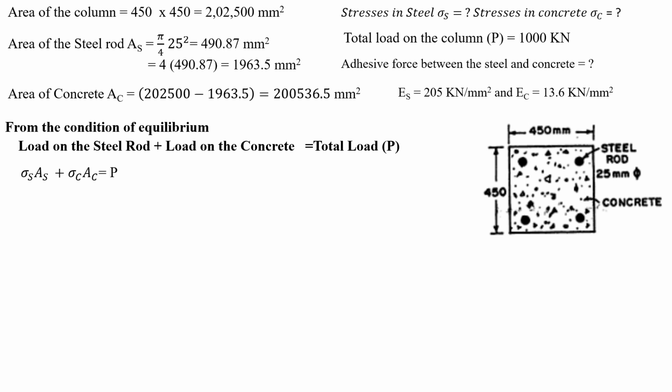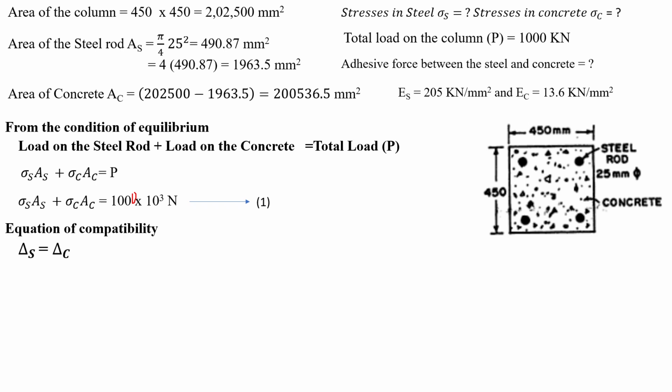So the load on the steel rod equals sigma s AS, plus similarly the load on the concrete becomes sigma c AC, equal to the total load P. Here the total load P is given as 1000 kilonewtons. Then sigma s AS plus sigma c AC equals 1000 into 10 to the power 3 Newton. Let's consider this as equation 1.